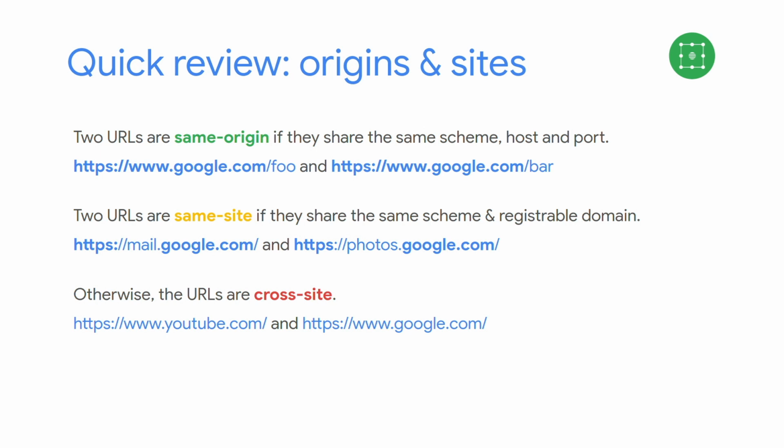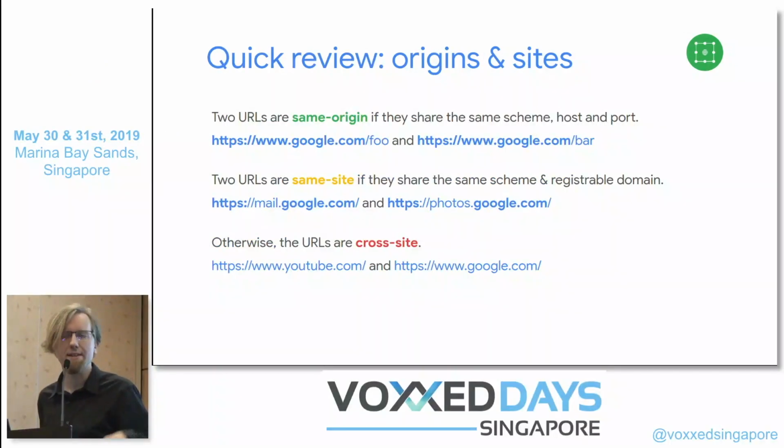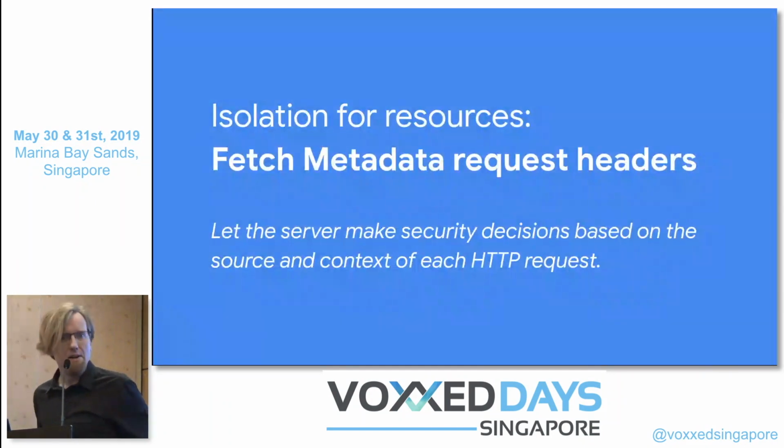If two URLs or two documents are not same origin but come from the same domain and from the same scheme, they are considered same site. So the browser assumes that there is some trust between them. For example, they can share cookies, but there is no full access between those two documents. And finally, if a document is not same origin or same site to another document, then it's considered to be cross-site. All right, so let's talk about the security mechanisms that can give our applications some isolation capabilities.